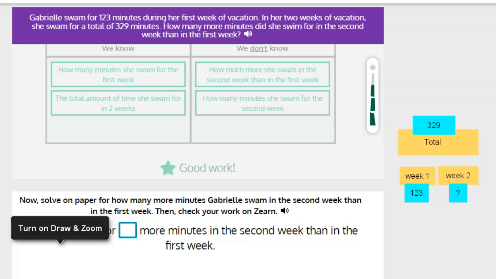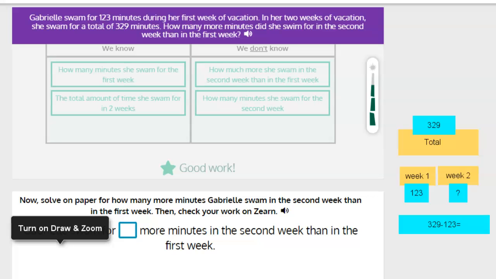Looking at our model, if we know the total, we know one part and we're missing another part, what equation can we use to help us solve for our missing part? Take a few minutes to figure it out. Great. 329 minus 123 will give us our missing part.